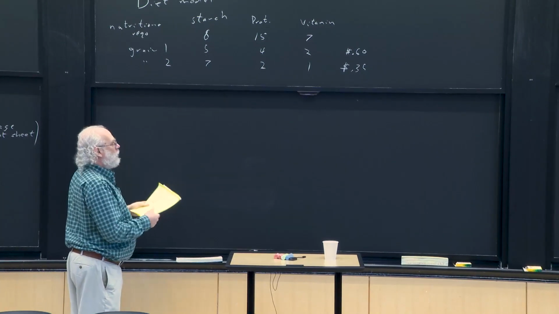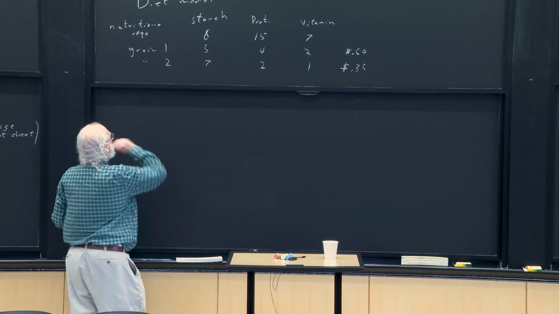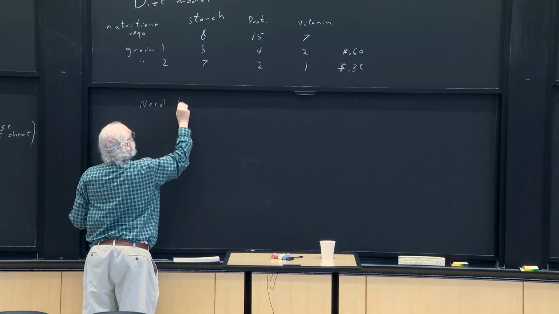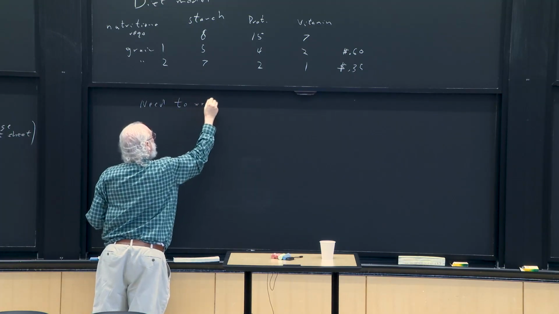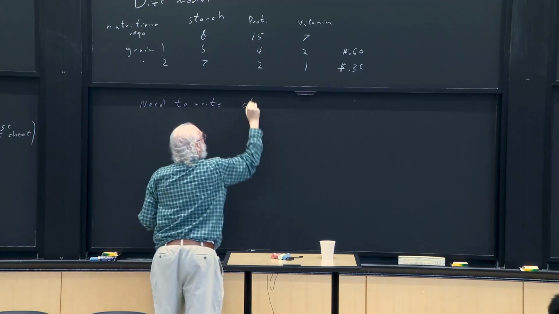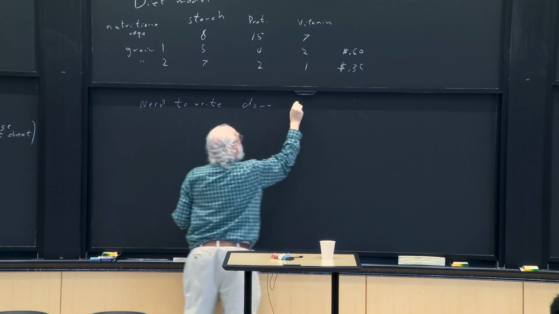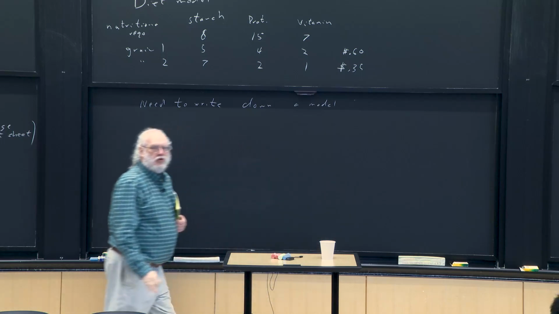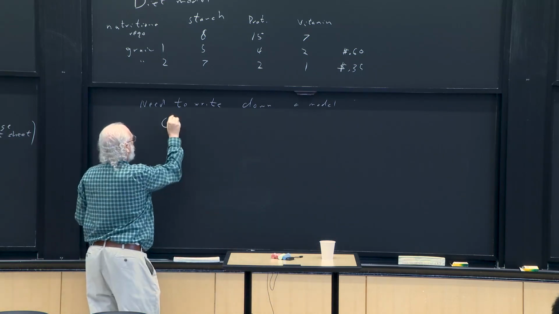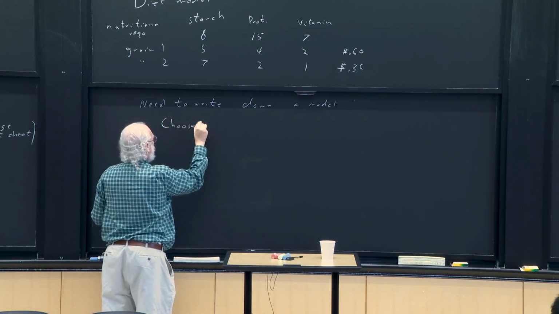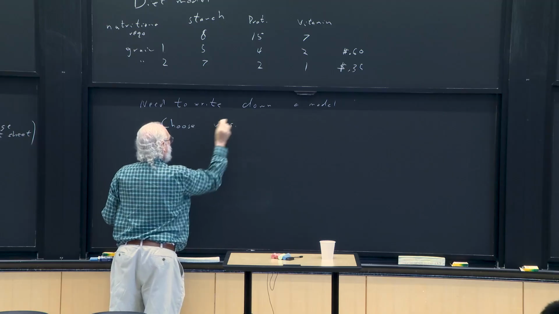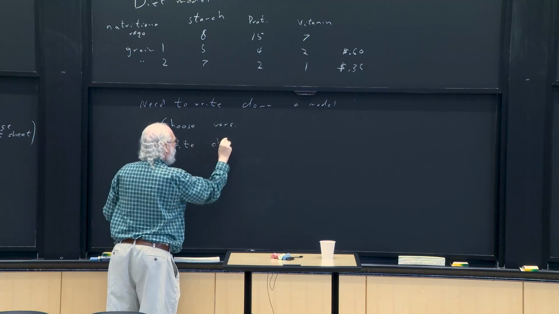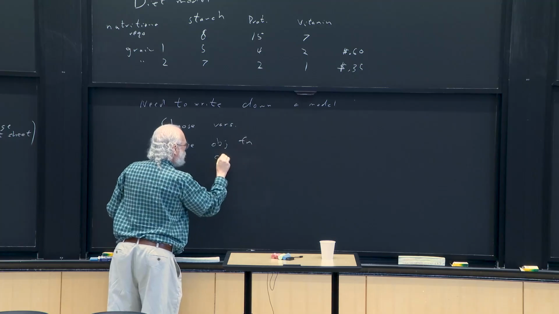So what we do with linear programming is we need to write down a model. And how do you write down a model? You choose variables, write the objective function and constraints.